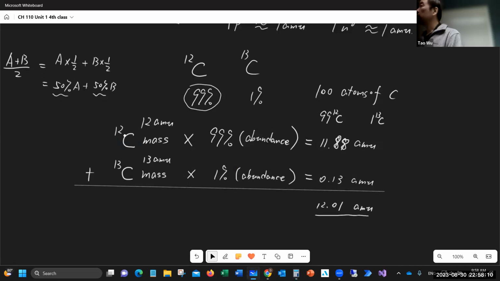Are you clear? So that is why the average atomic mass for carbon is 12.01.